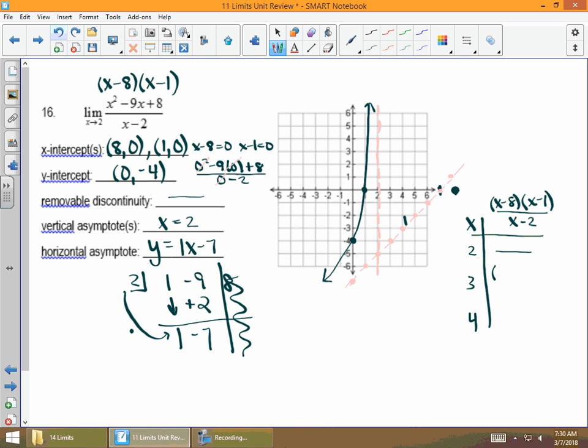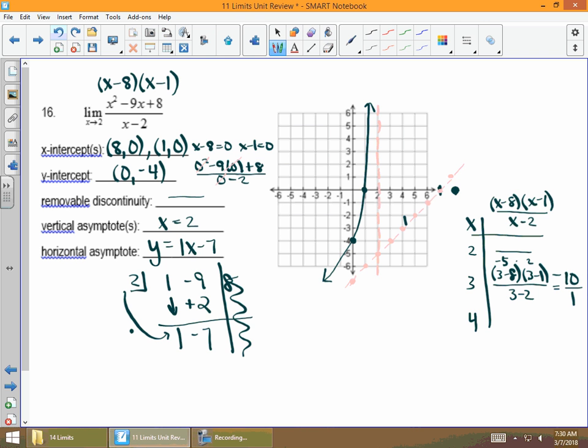All right, so I'm going to do 3 minus 8 times 3 minus 1 over 3 minus 2. So my denominator is going to be 1, and in my numerator I have negative 5 times positive 2. So that value at 3, my y value, is going to be negative 10.